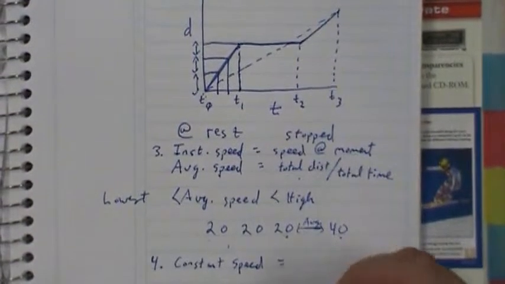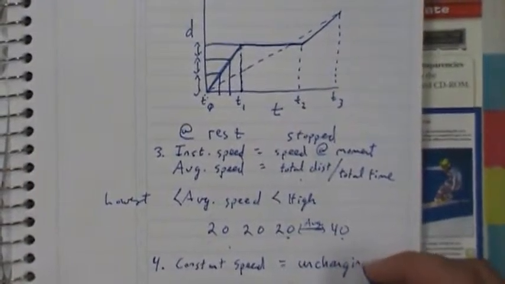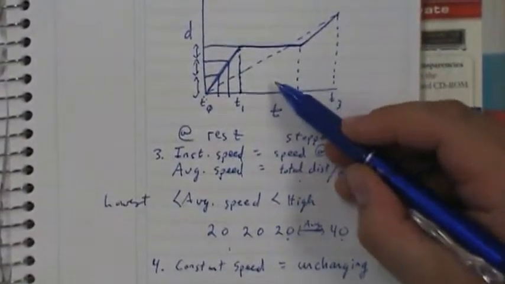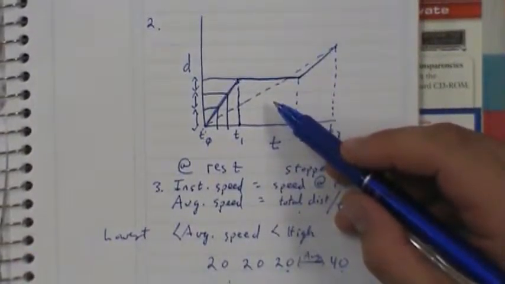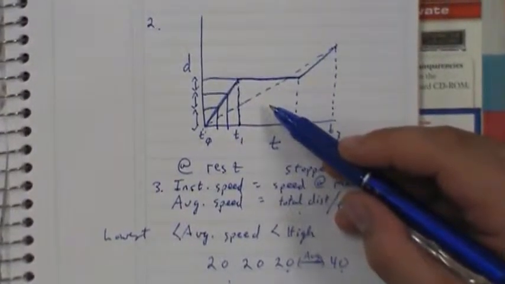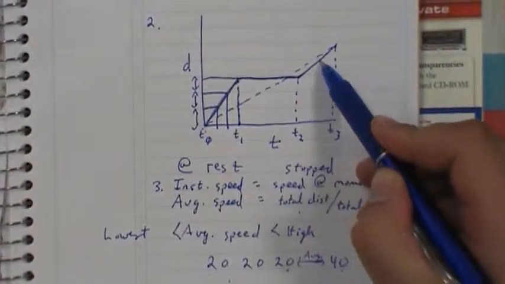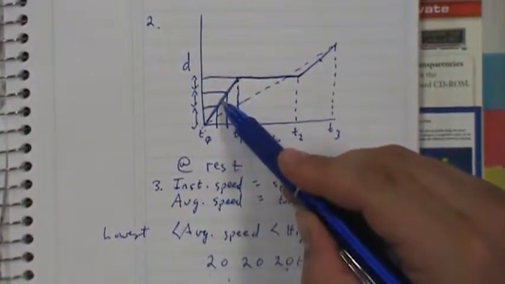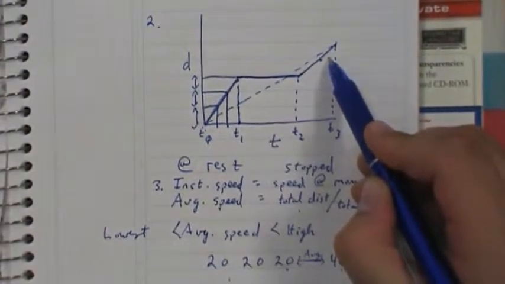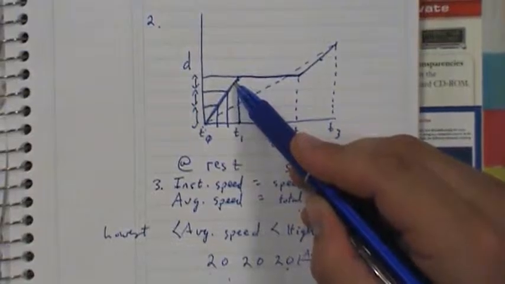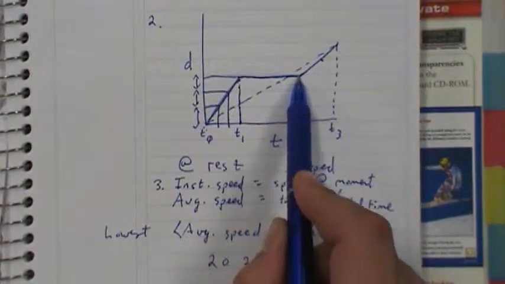Now to be constant, it has to be unchanging. We just said up here for the average speed, an average is for the entire trip, the entire journey. It doesn't have to be the same speed at any given point because, in fact, in this example, there are 3 different speeds. Okay? This one appears to be our fastest speed. This one is our lowest because it is stopped.